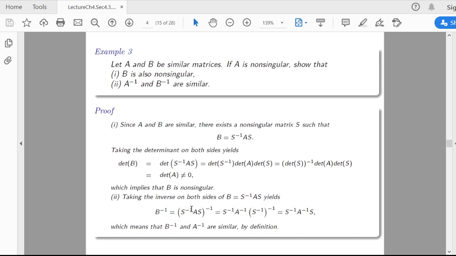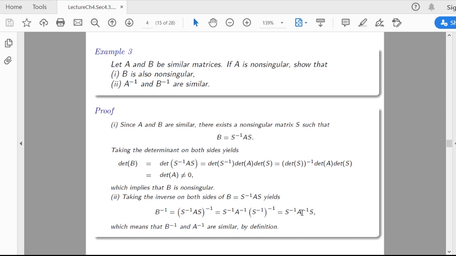How to do that? This should be similar to taking the transpose. So we start from the right side here. S, take inverse, and then A, take inverse. Then the left one, S inverse, take inverse. But S inverse then inverse is the same as S.